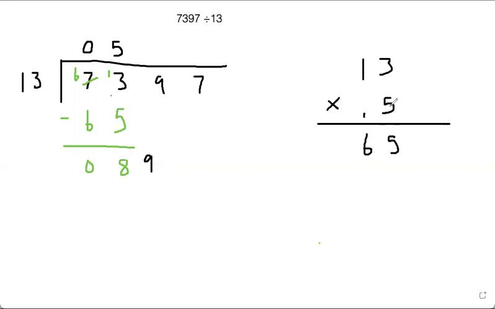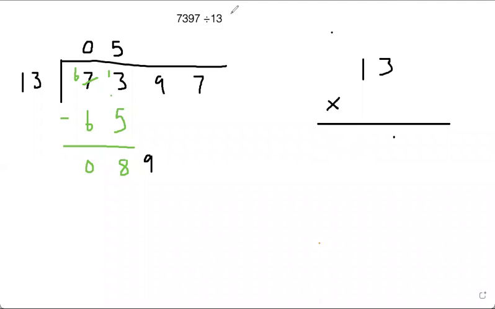Well, we know that 5 13s fit into 65. So we can try adding on another 13 and seeing if 6 13s fit into 89. Now we're asking how many 13s fit into 89.